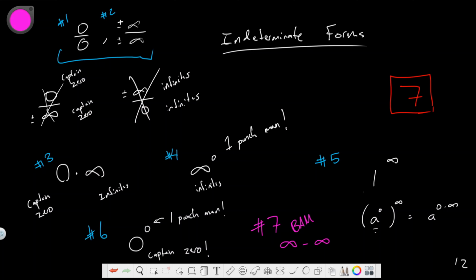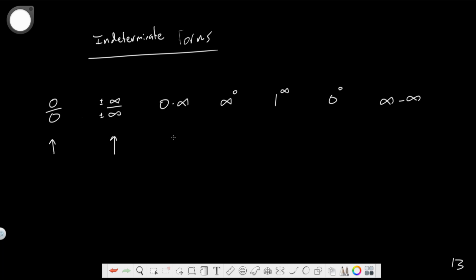0 over 0. That's a battle between Infinitus and Captain 0. Infinity over infinity. Yet another battle between Infinitus and Captain 0. 0 times infinity. Captain 0 versus Infinitus. Infinity to the 0. That's Infinitus versus One Punch Man. And then 1 to the infinity, that's One Punch Man versus Infinitus.